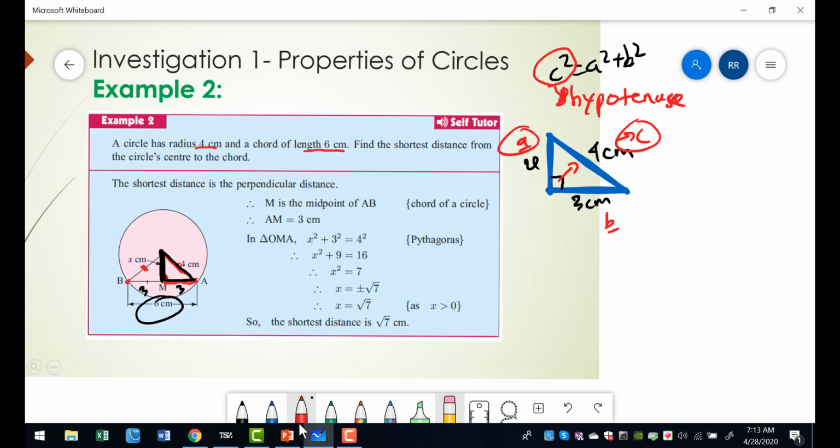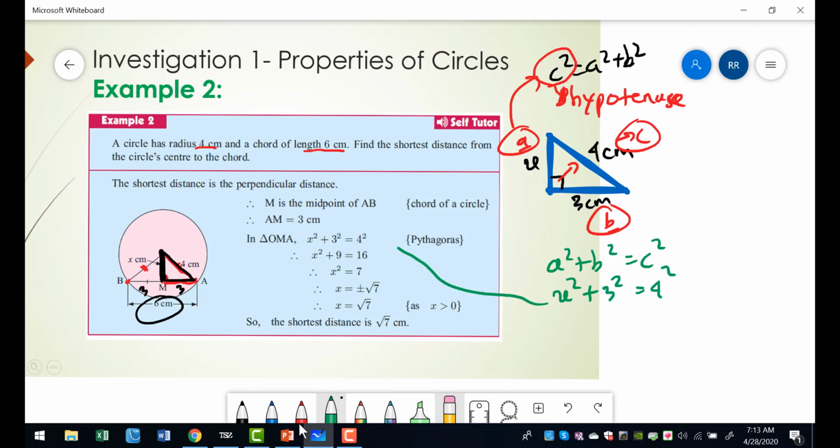And we only need to plug all of these values into the formula. So I'm going to write it down: a squared plus b squared equals c squared, right? And the value of a is x, and the value of b is 3, and the value of c is 4.